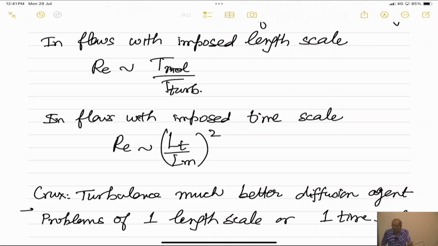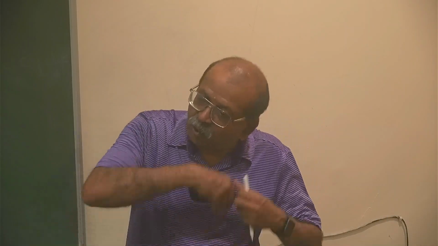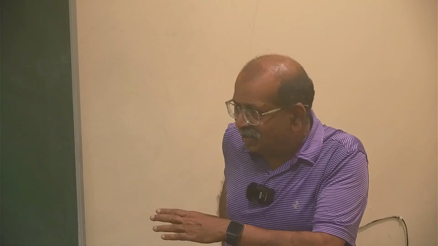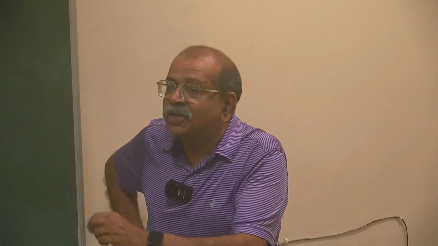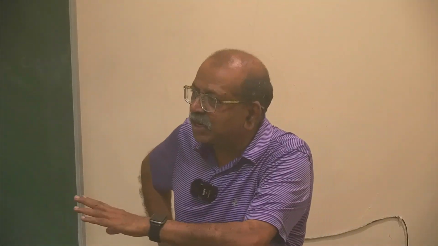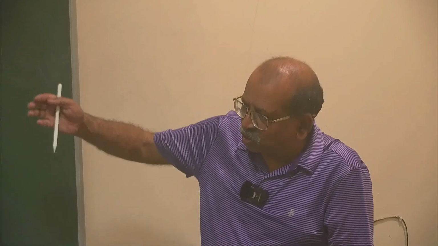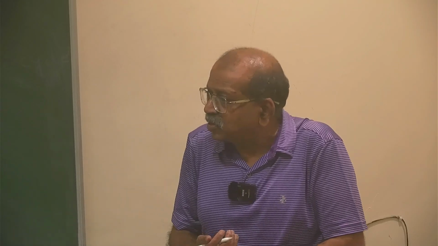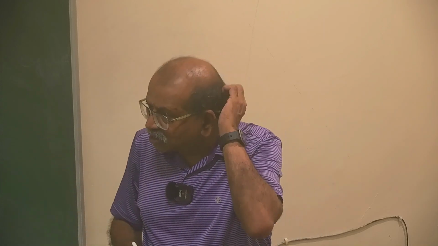We had one length scale or one time scale, and we found out the other scale in terms of this scale. If it was a time scale, then we found length scale in terms of this. If it was the length scale, we found time scale in terms of this, and then we found the ratio of the two scales. If there are many length scales, many scales could come because of many things. There could be a particle, there could be some other motion which is taking place which causes a velocity scale.